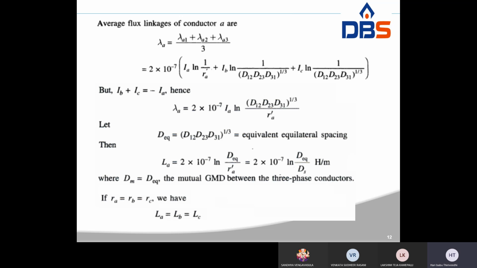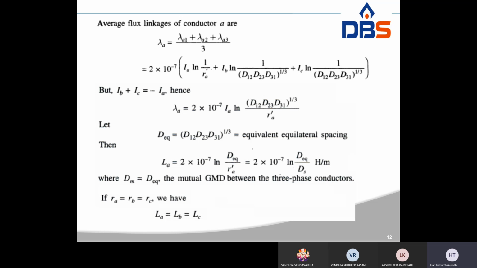That's why IA into ln 1 by RA dash, plus IB ln 1 by (D12 D23 D13) whole power 1 by 3, plus IC ln 1 by (D12 D23 D13) power 1 by 3. From the balanced current equation, IA plus IB plus IC equal to 0, that is IB plus IC is equal to minus IA. Substitute that, and we get lambda A equal to 2 into 10 power minus 7.